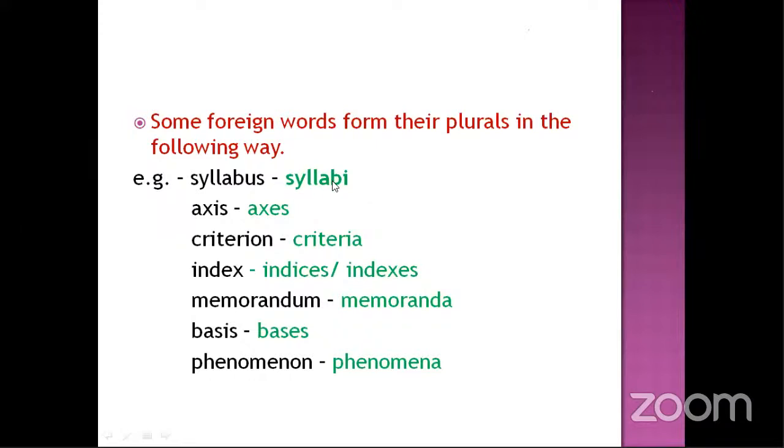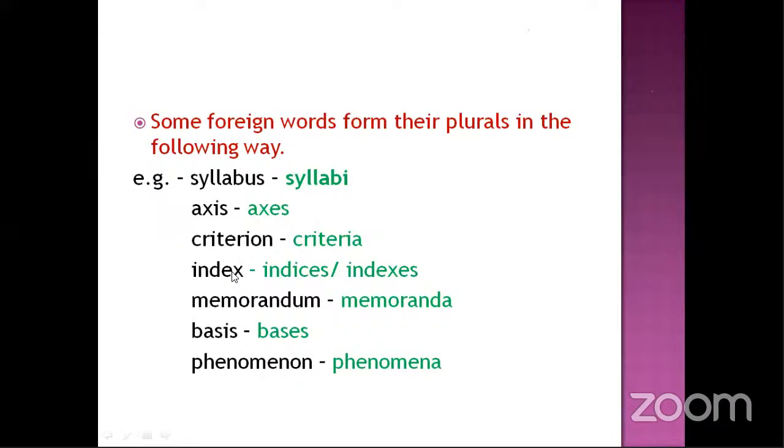Yes, syllabus, syllabi. Next one, axis. Can you remember, when you are describing bar charts, we find vertical axis, horizontal axis. Likewise, the plural is axes. Next one, criterion, criteria.